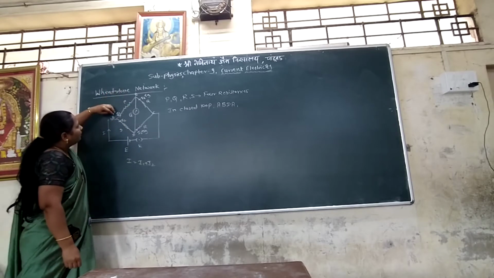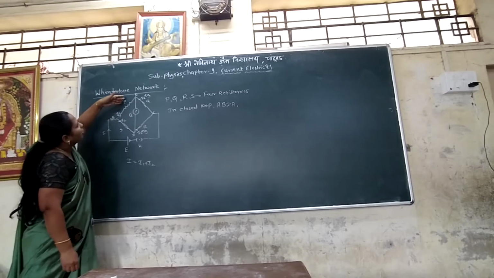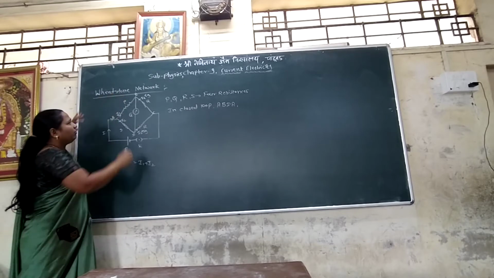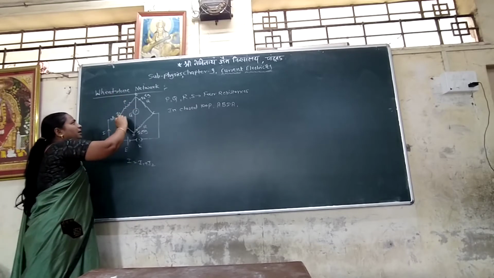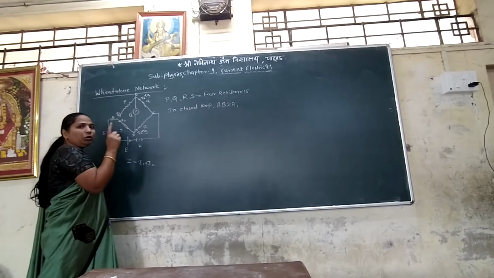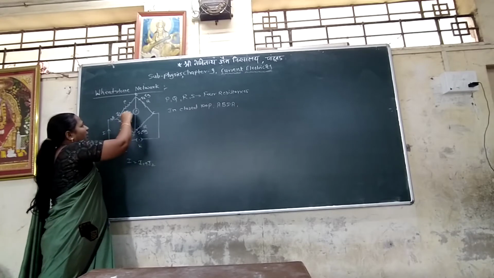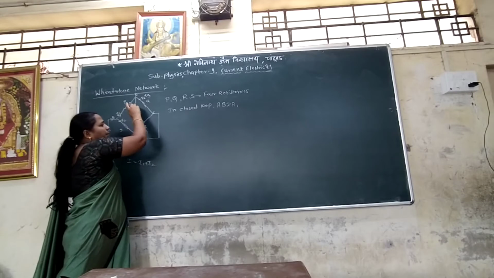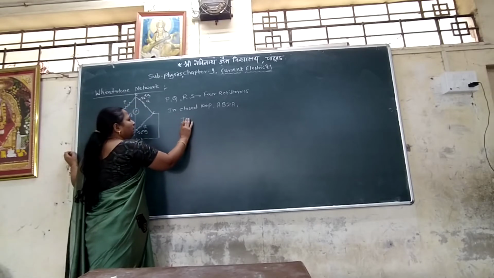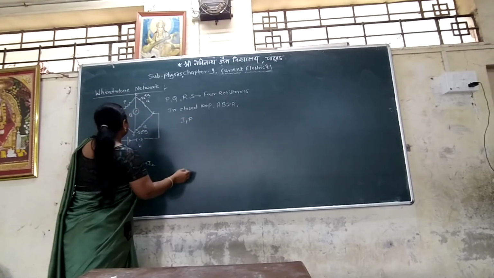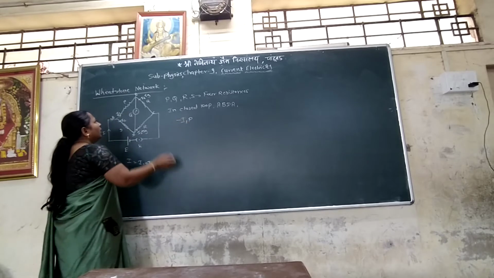The current through resistor P is along the same direction as the loop. Therefore, I1 flowing through P is taken as negative according to the sign convention. I1P is taken as negative.